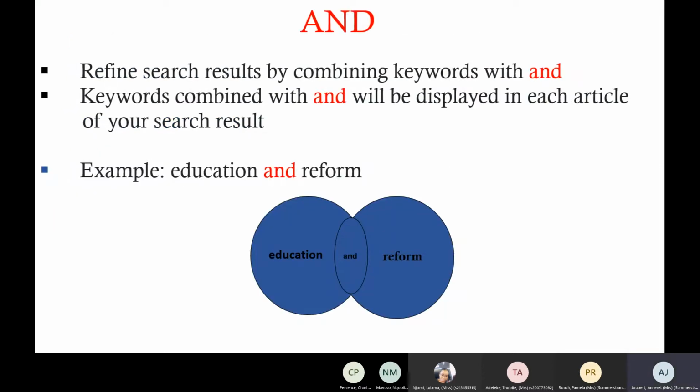You refine search results by combining keywords with AND. Keywords combined with AND will be displayed in each article of your search results. So in other words, if you type education AND reform, both the terms will be in each article of the search results.